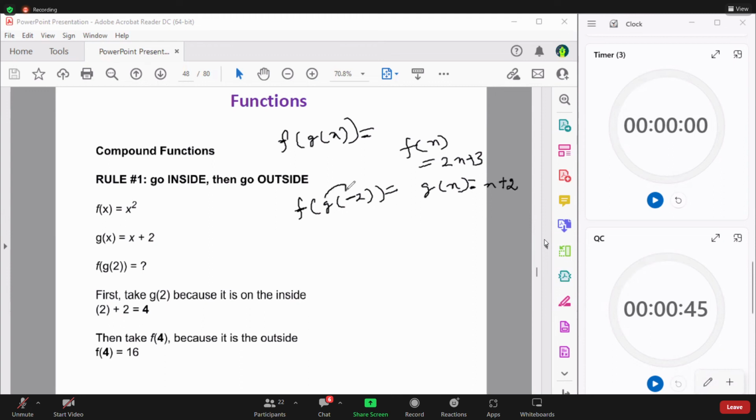The first thing is you solve the inner part. So g of -2 becomes -2 plus 2, which is 0.